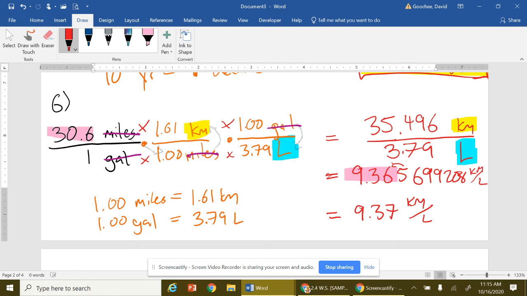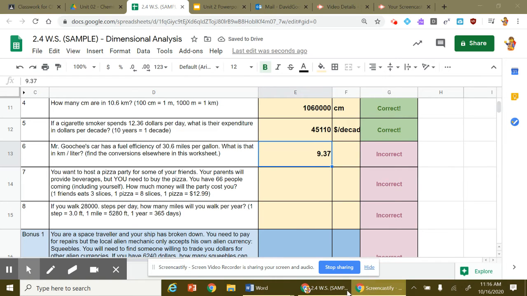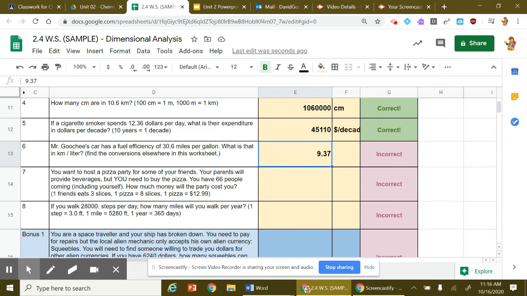Now, if you put that whole dang thing into your problem solver, it would mark it as correct, okay? But I'm trying to be accurate to the correct number of significant figures. So let's see, did I get this correct? 9.37, please. Uh-oh, it's incorrect. What did I do wrong?